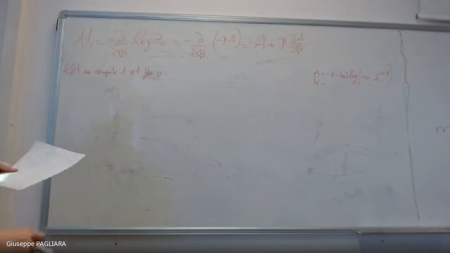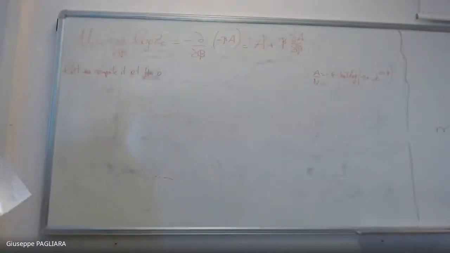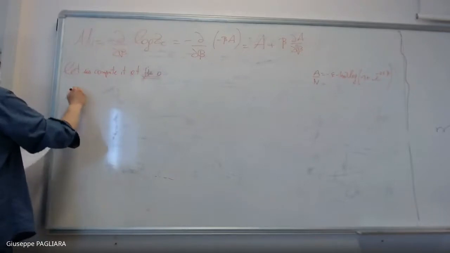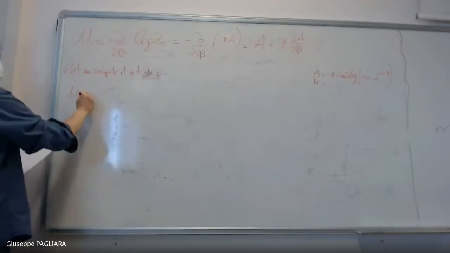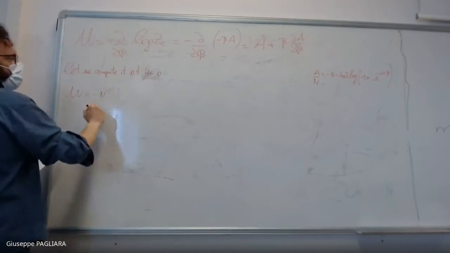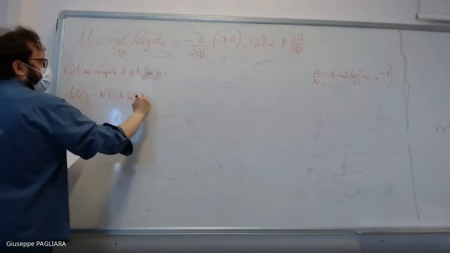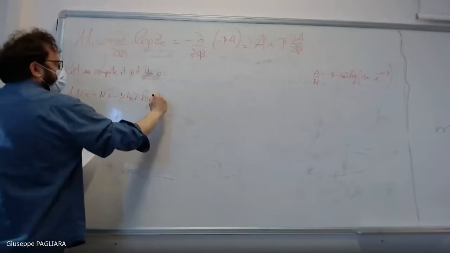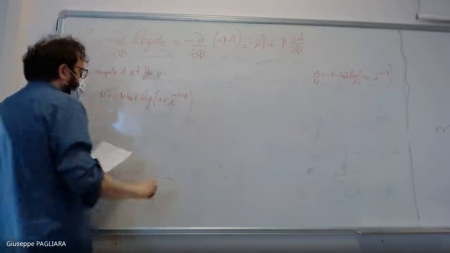Okay, so now it's a matter of doing the calculation. Maybe it's not very interesting to do it. It's just taking the derivative with respect to beta of this quantity. So U will be equal to minus N epsilon minus N kBT log of 1 plus e to the minus 2 epsilon beta.